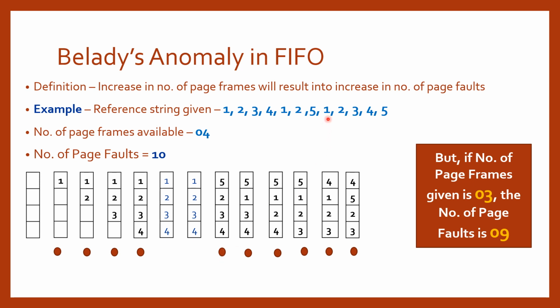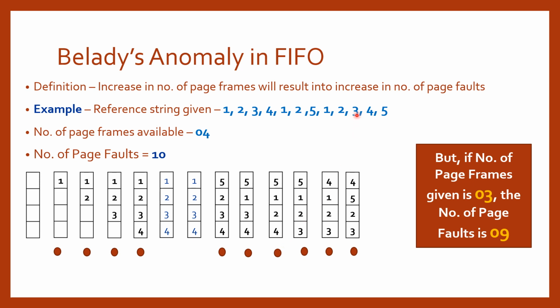Then for request 1, we will replace this page frame and load 1 here. Again the page fault is recorded. For 2, we will replace this page and record 2 here, and the page fault is also recorded.